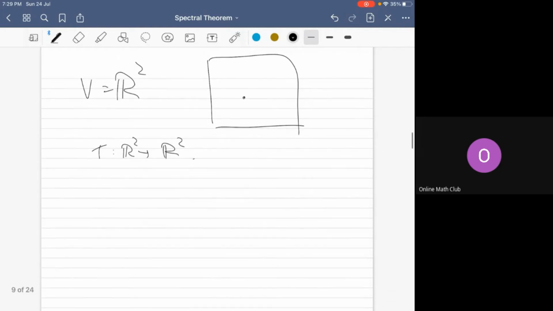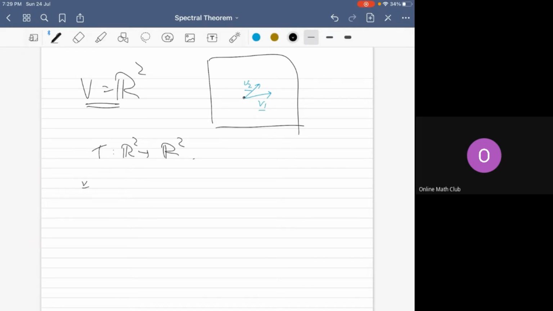if we coordinatize the vector space by picking a basis v1, v2, and then look at what T does to the vectors, then the following is true.